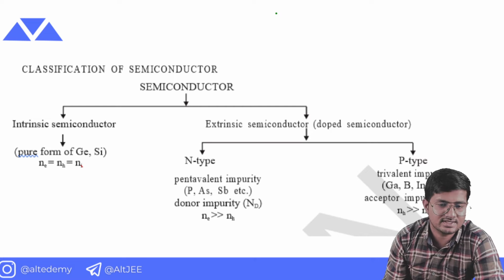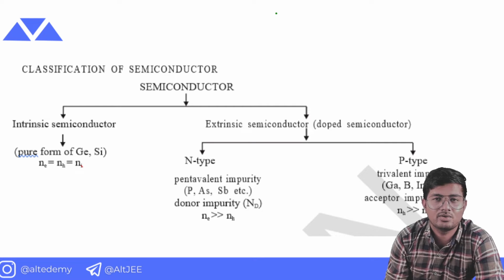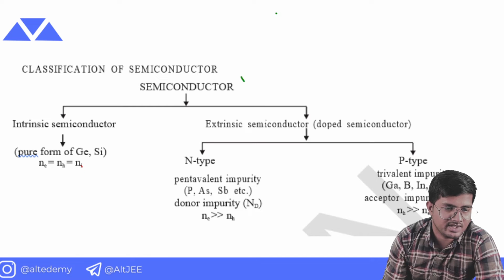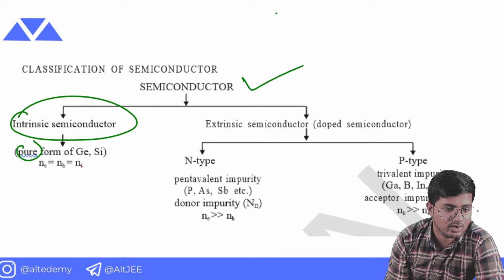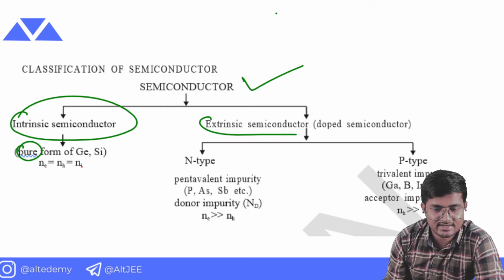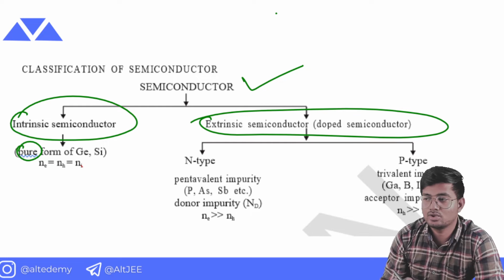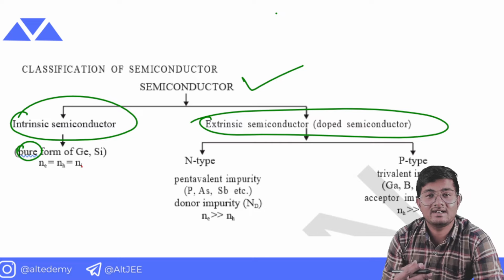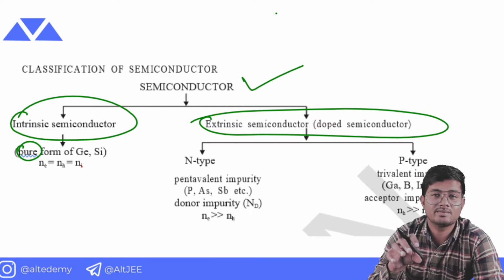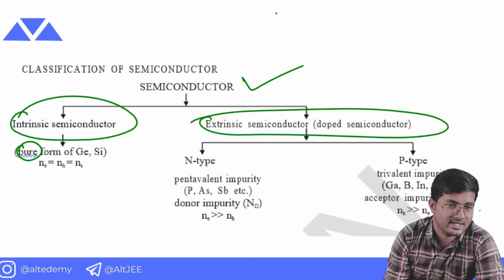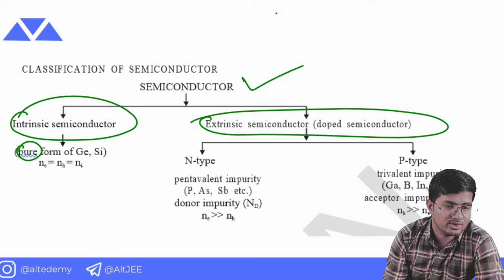So this is a type of flow chart. Semiconductor are of two types. One is intrinsic. Intrinsic means pure, and then extrinsic. Extrinsic means doped. Those semiconductors which are created by doping, when you have added some impurity. And then in pure semiconductor we have germanium and silicon.